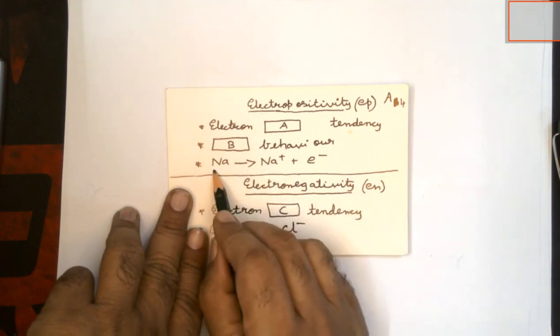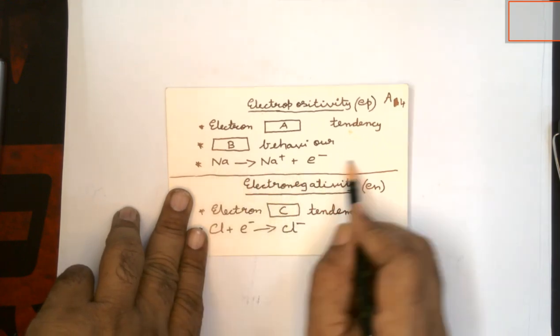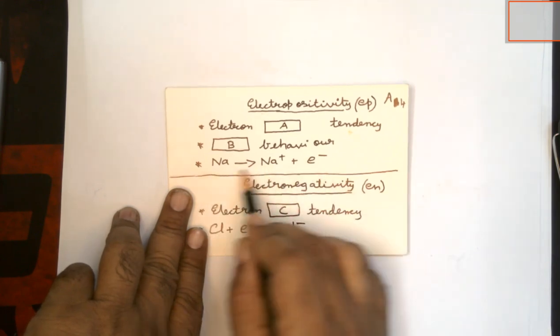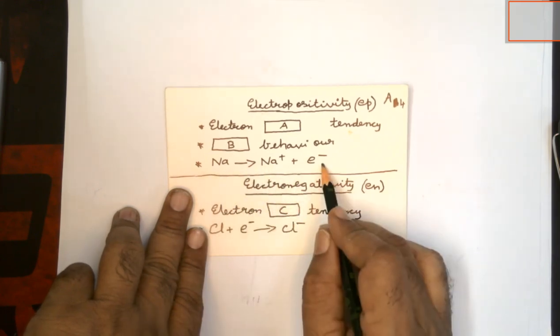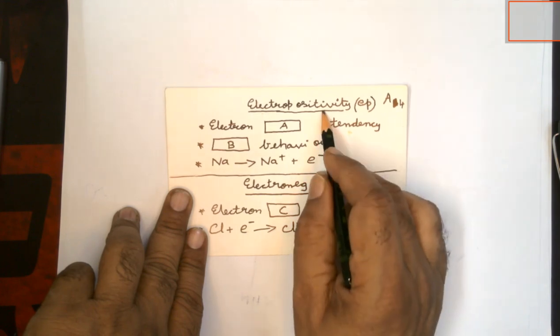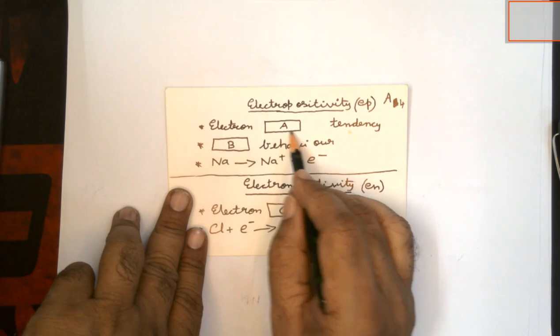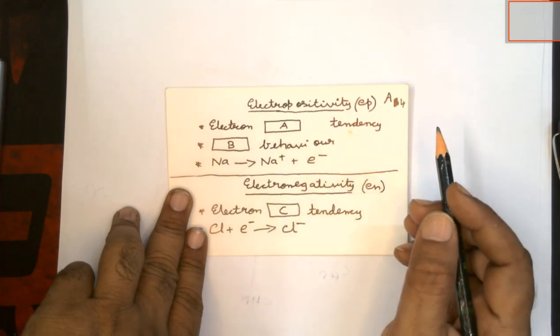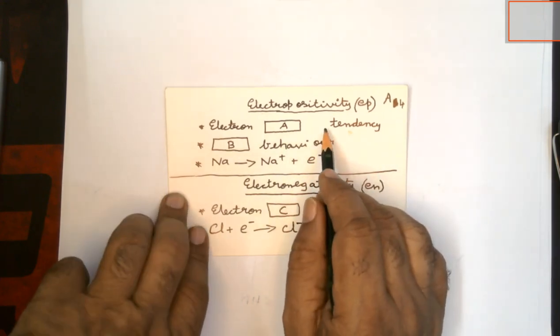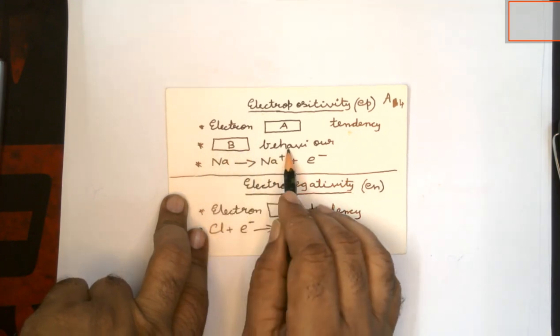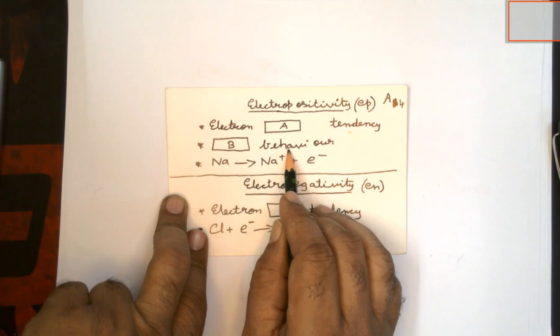I already explained about the electropositivity. So you have got sodium. When one electron is removed from sodium, it becomes what? Na plus. And this tendency is called what? Electropositivity. And electron releasing tendency, is it not? And it has got the metallic behavior.